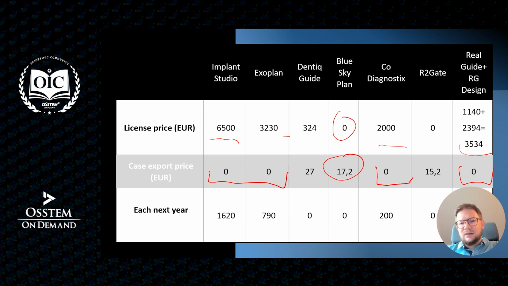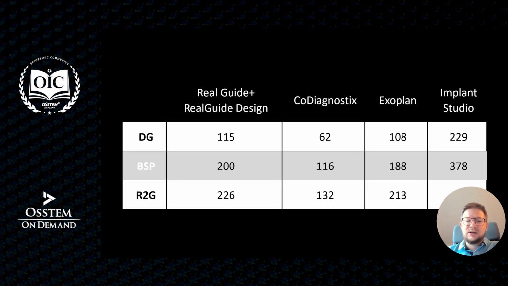So anyway, to compare it, to reach the initial license price of the most expensive Implant Studio, we have to make 229 cases in the one software, 378 on Blue Sky Plan, and over 400 cases with Air2Gate.